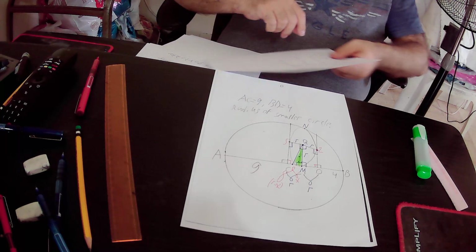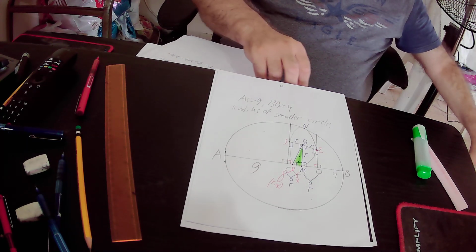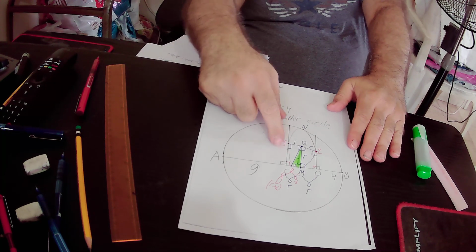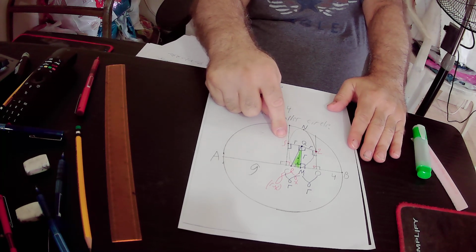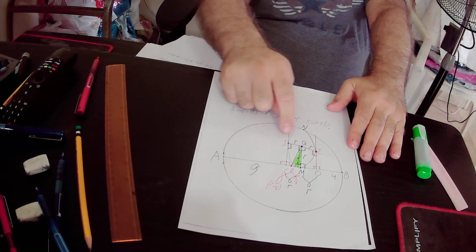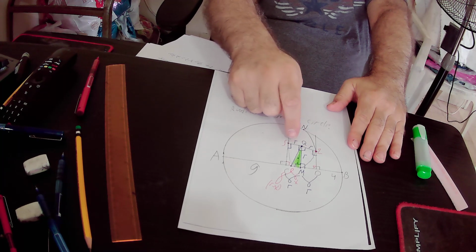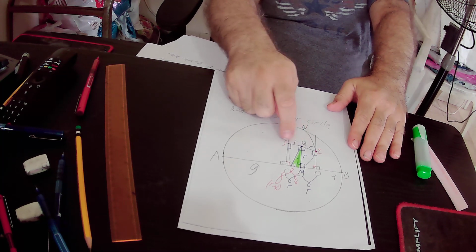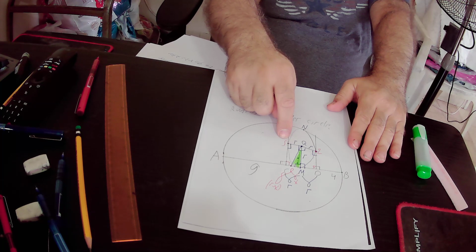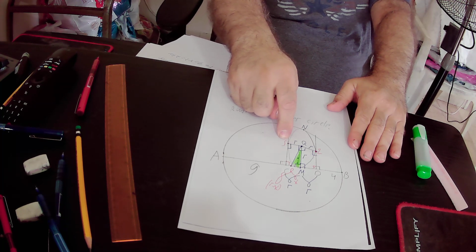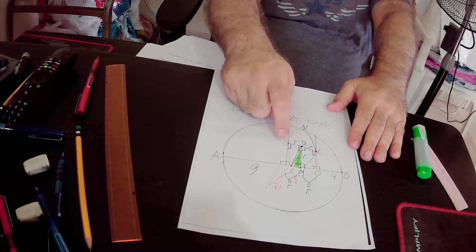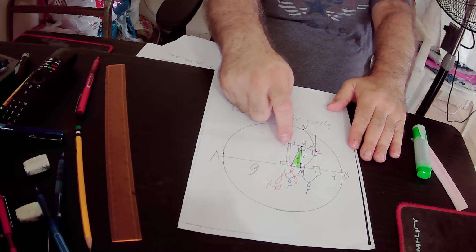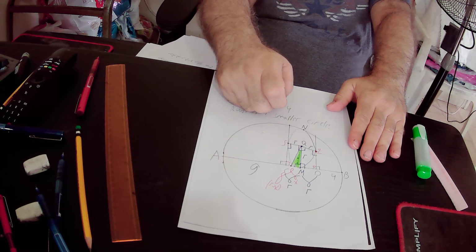According to rule number 1, this tangent to the circle is perpendicular to the radius that is drawn to the launch point. This radius is drawn to the launch point, that is to say to point S, and therefore according to rule number 1, the tangent is perpendicular to that radius.